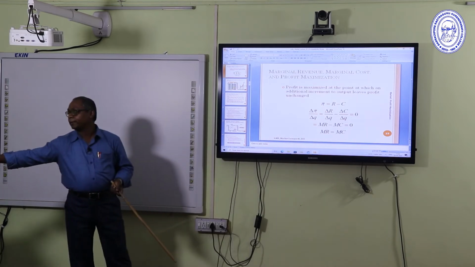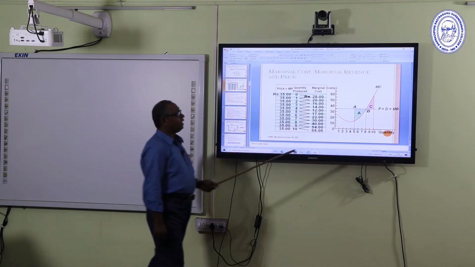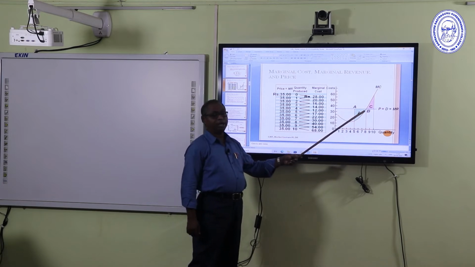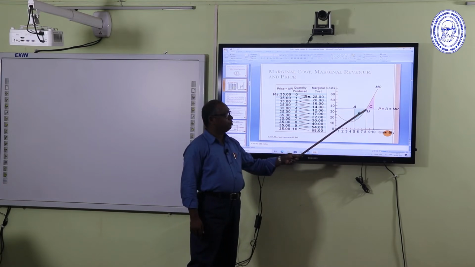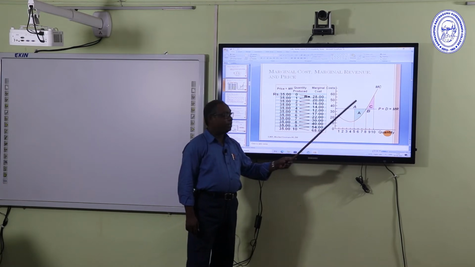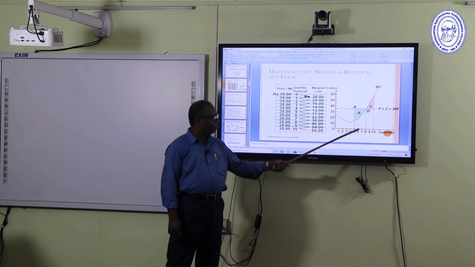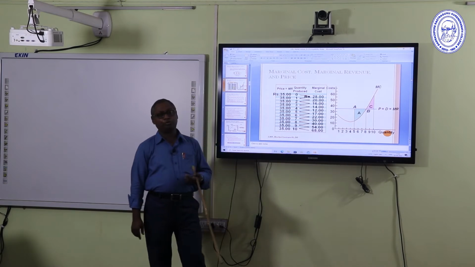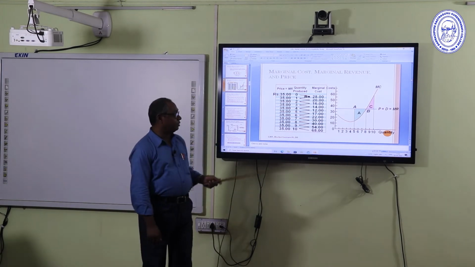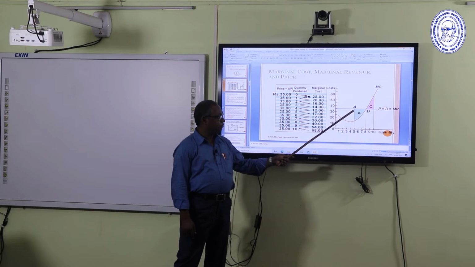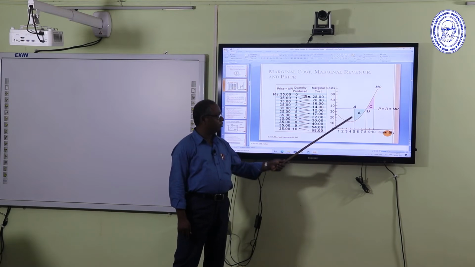So here at point B, we have MR equals MC. And so this is the equilibrium. Why? Because before 8 units of output, firms are getting positive profit.